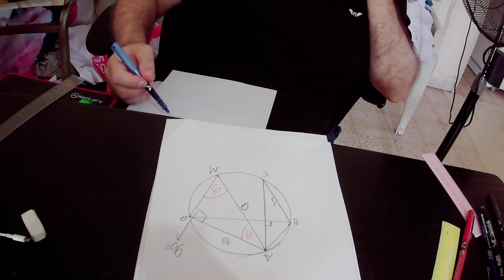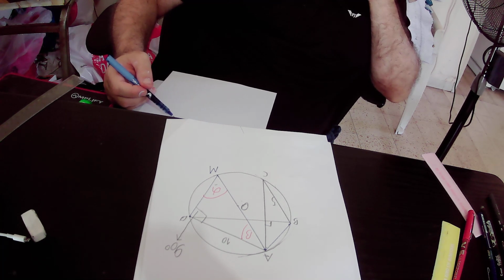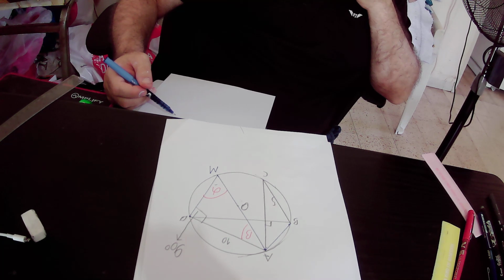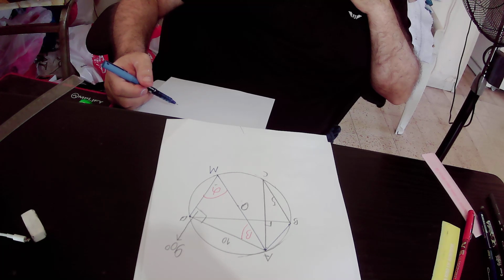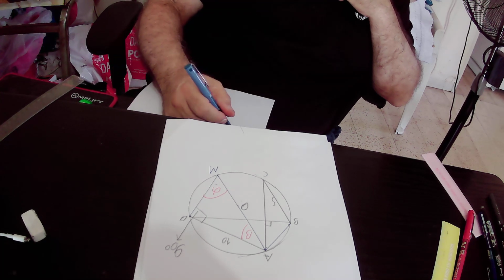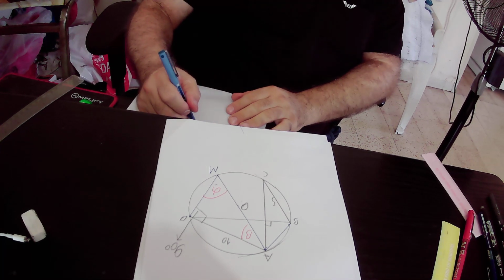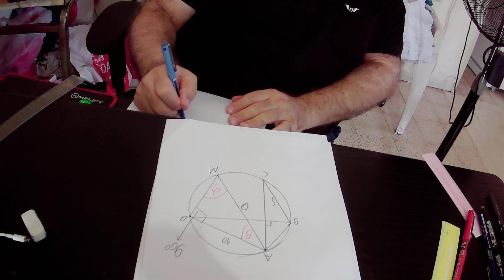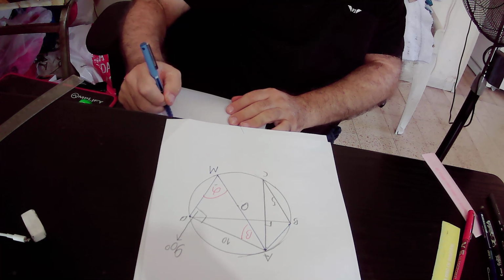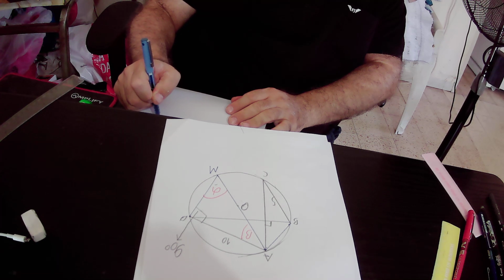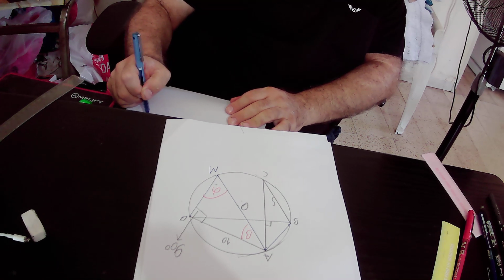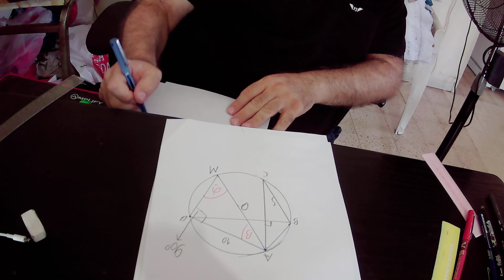So angle AMD that equals alpha rests on chord AD, and angle ABD also rests on the same chord AD. Therefore, according to rule number 2, they are equal to each other.